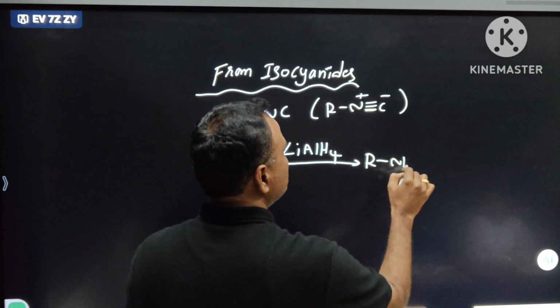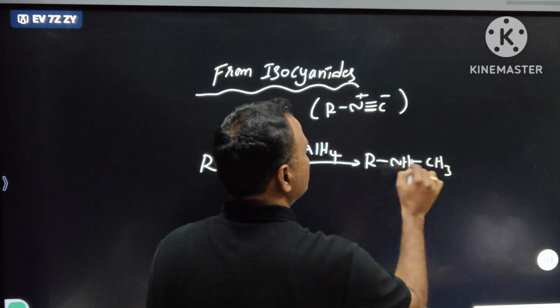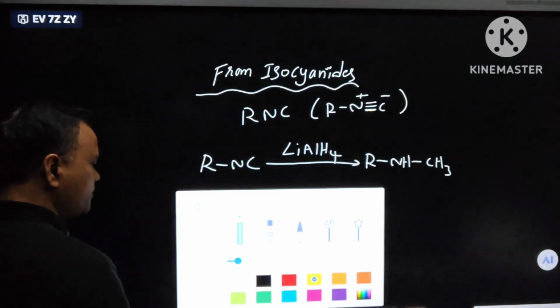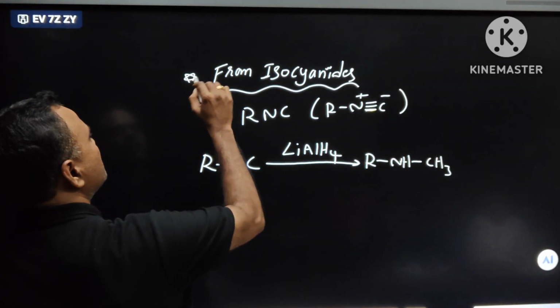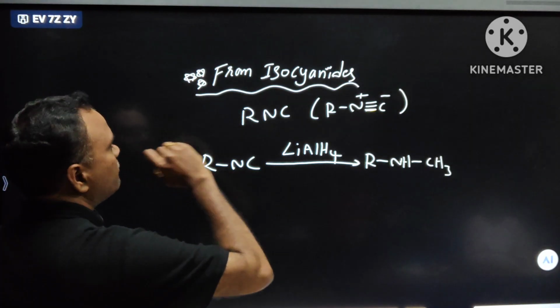Now we will get a secondary amine. Highlight this, keep a star mark. This time we are getting a secondary amine.